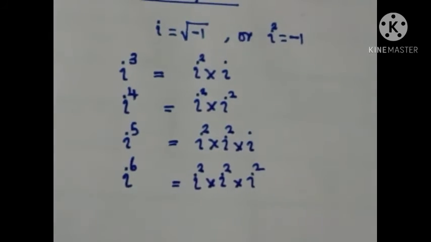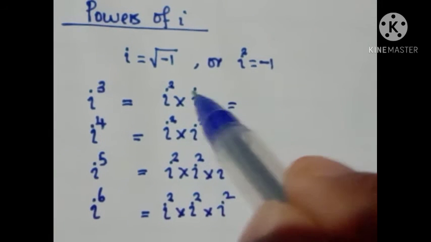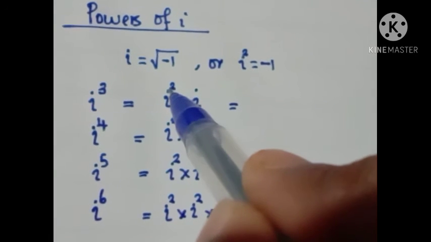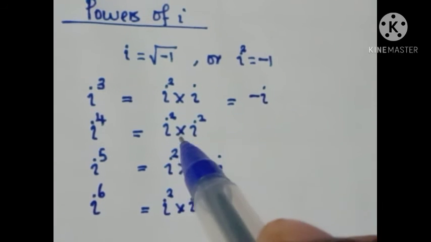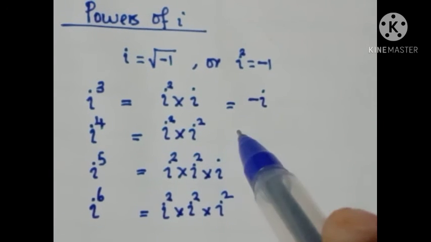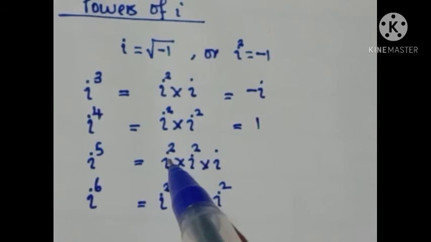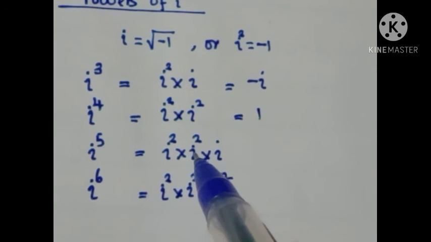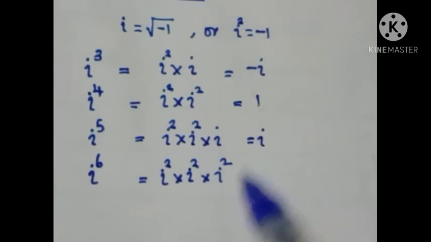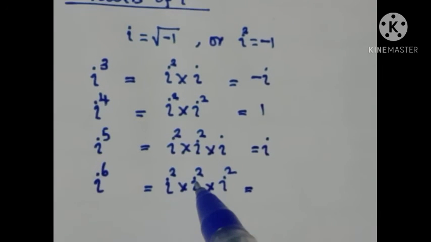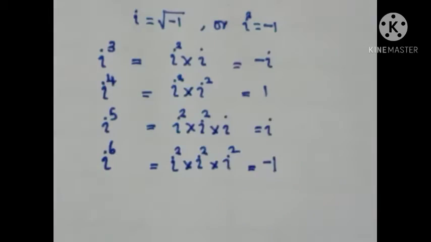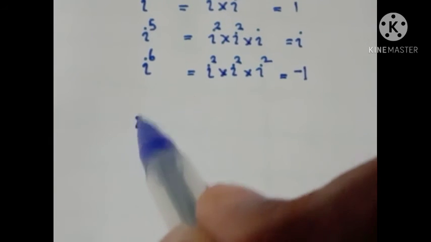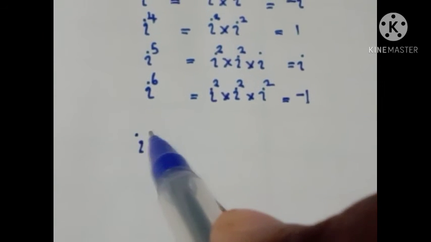We know i square is minus 1. So minus 1 into i is minus i. Minus 1 into minus 1 is 1. 1 into i is i. Minus 1 into minus 1 into minus 1 is minus 1. In this manner, we can define all the values of powers of i.